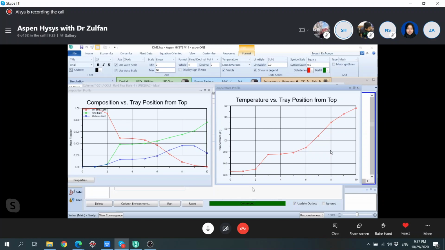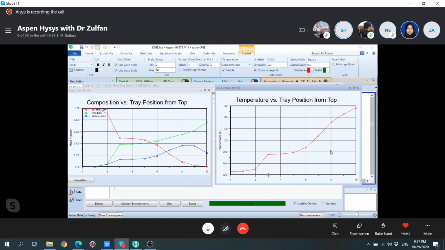So in these 9 stages, each stage has a separation process going on, indicated by the change in temperature. And with the feed location at stage 3, we see a jump from the stage 2 temperature to the stage 3 temperature.